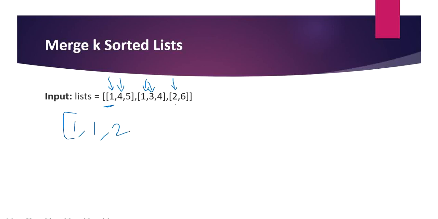Now 2 wins, and now coming back to 4, 3 and 6. So here 3, and move the pointer to 4, 4, 4 and 6. Here 4, and move the pointer to 5, 4 again and exit the list, and 5 and 6 finally. So 5 and 6. This is how it works.